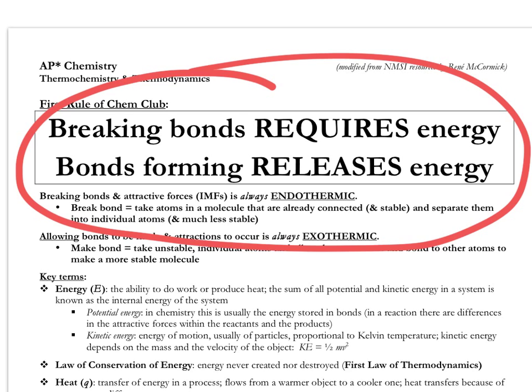Breaking bonds is energy in, and when we allow a bond to be made, that's a new way to say it, we release energy. So we'll come back to that over and over and over again, in hopes that it becomes a permanent part of your vocabulary and an automatic thing, both conceptually and mathematically.